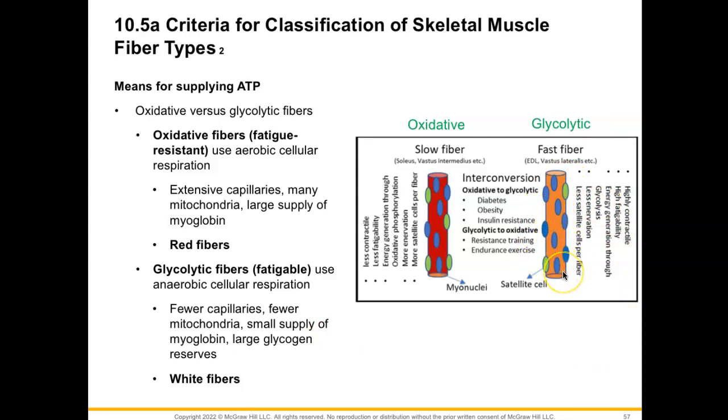We won't have as many mitochondria, have just a small amount of myoglobin, but we'll have a large amount of glycogen reserves so that we can break glycogen apart and use the glucose for things like glycolysis. And we'll see that these muscle fibers will be lighter in appearance, so we say that they are white fibers.